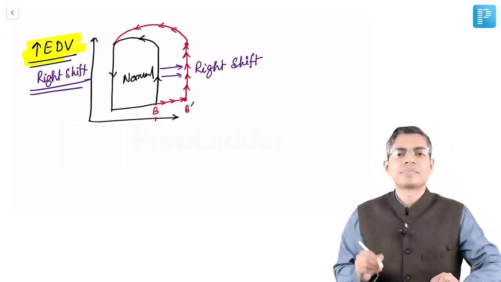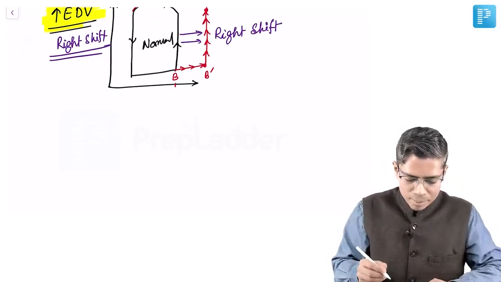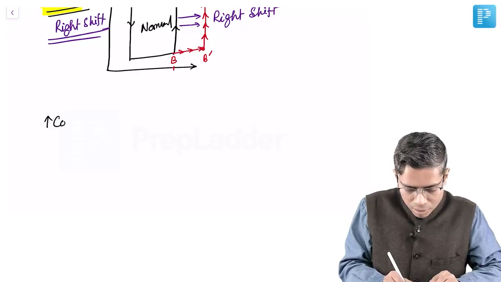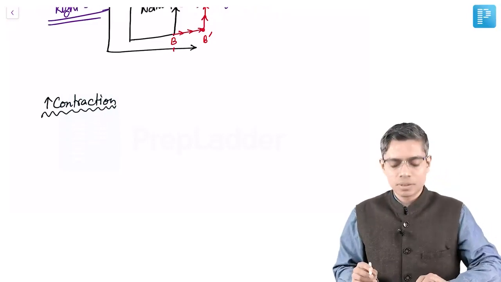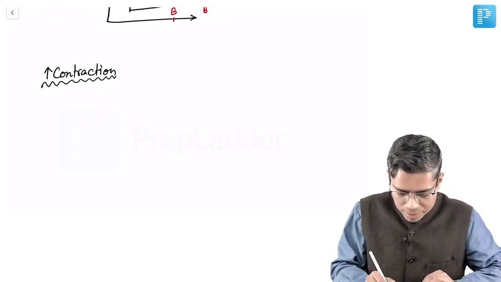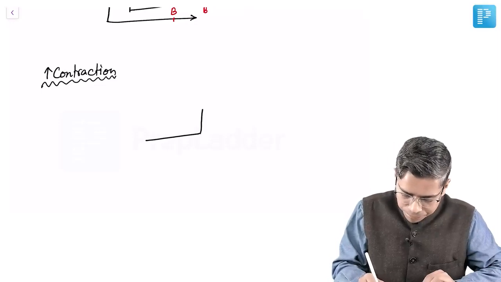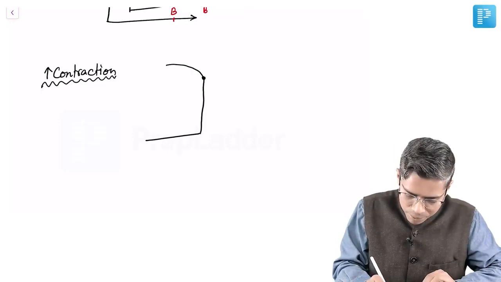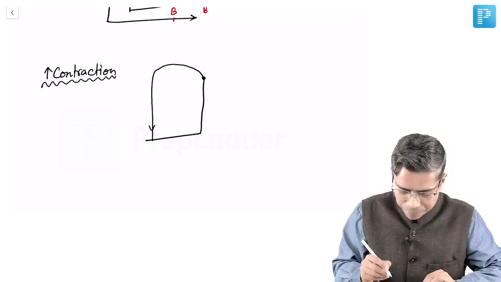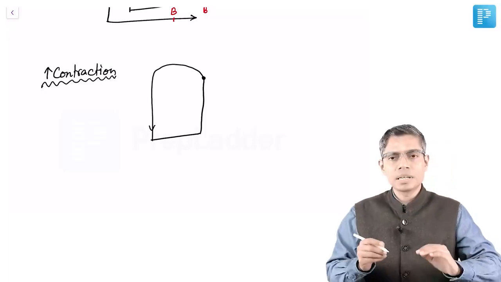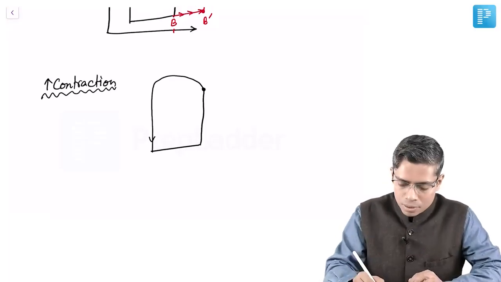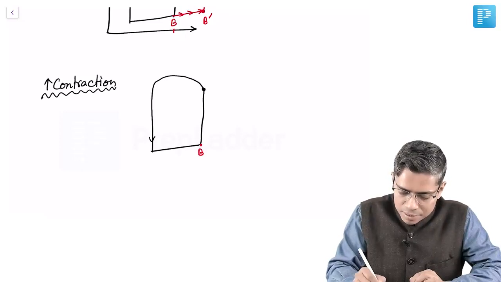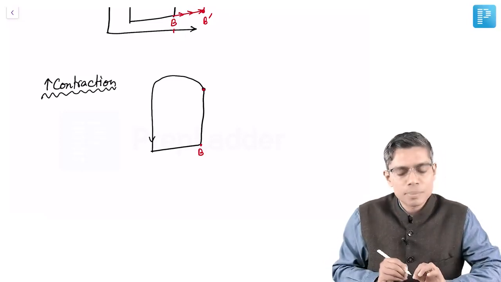So the bottom line is that an increase in end diastolic volume causes a right shift. Getting my point? Okay. The next thing, the second parameter, is increase in contractility of the heart. Contractility or contraction of the heart. What is going to happen? Again the same thing. Suppose this is the normal PV loop. In this normal PV loop, if the contractility is more, the volume is not changing, so this point B will remain the same, and ejection will also start from the same point.